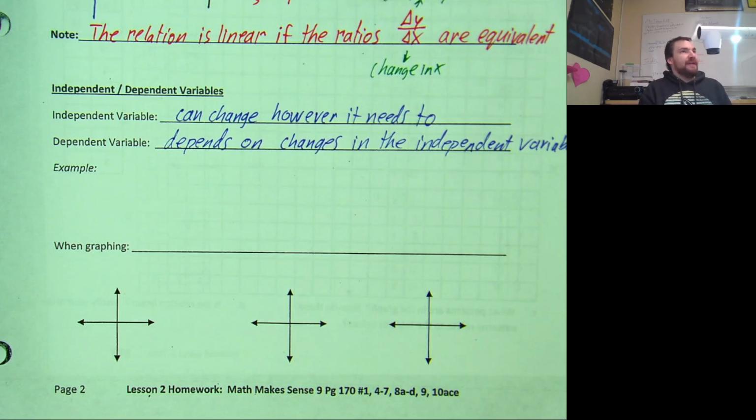Which one of those is going to be independent? Which one of those is going to be dependent? So what you're telling me is you can change time by dictating a particular length.